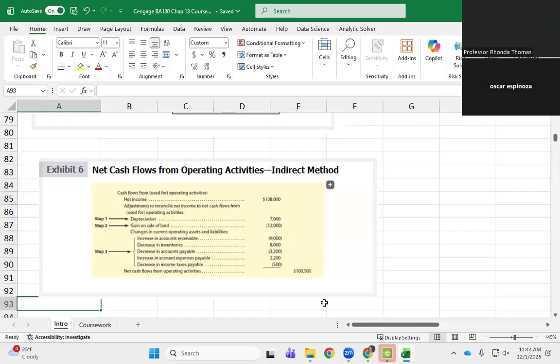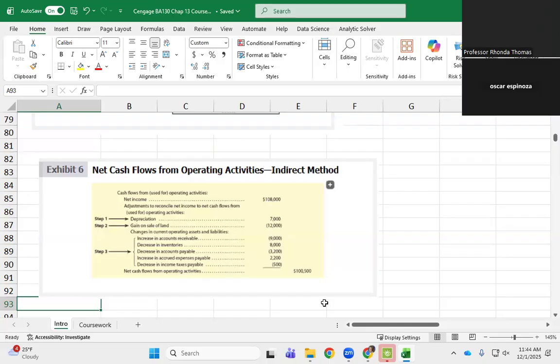So anyway, we're going to start with net income. Now we're going to make a series of adjustments. What's an adjustment? Up or down? Depending on what happened. Okay, so we're going to make some adjustments to this number. Okay, and so it just depends, either up or down.